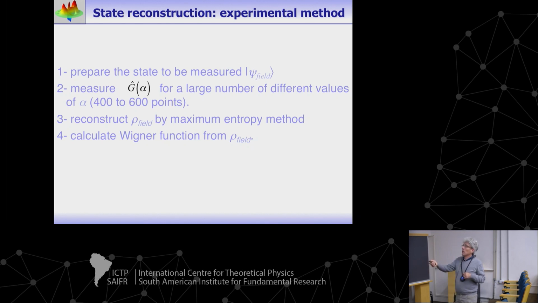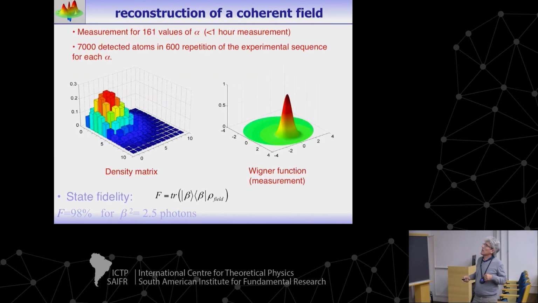And then from the matrix elements of the density operator, we calculate the Wigner function of the field in the cavity. So what is the Wigner function? It's a representation of the field state in the complex plane. And here you see the Wigner function for a coherent state initially injected in the cavity.